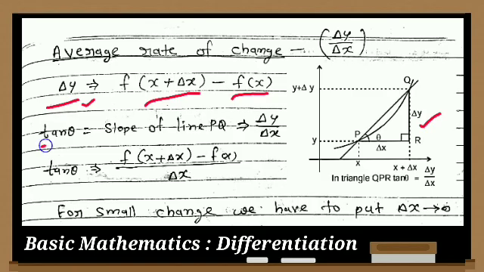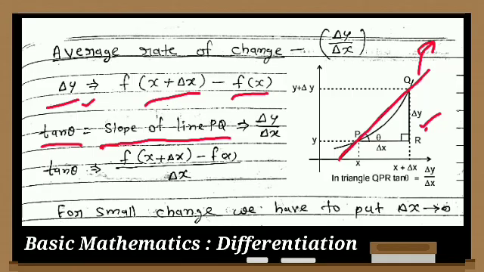Now tan theta. What is tan theta? Tan theta is the slope of line PQ. This line is called the slope of curve PQ.